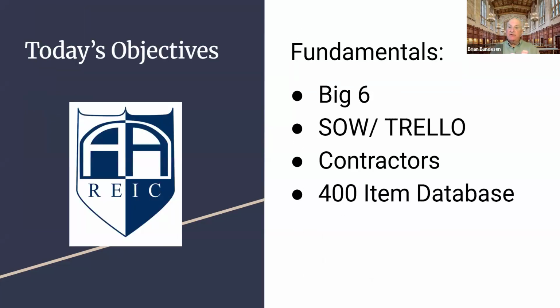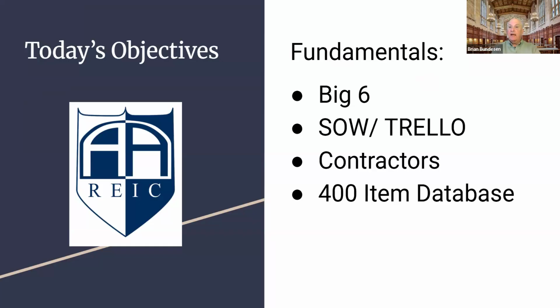So today's objectives, I'm going to talk about really four fundamentals of estimating rehab costs. The fundamentals are, I call it the big six, which are the highest ticket items on a piece of property, the biggest ticket items cost wise. I'm going to talk about SOW, which is a scope of work document.